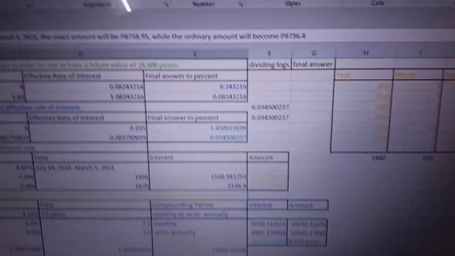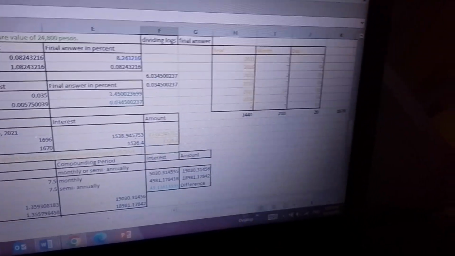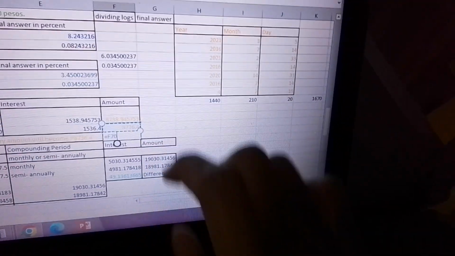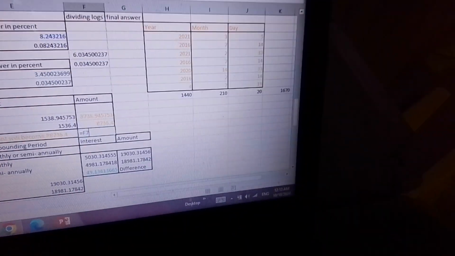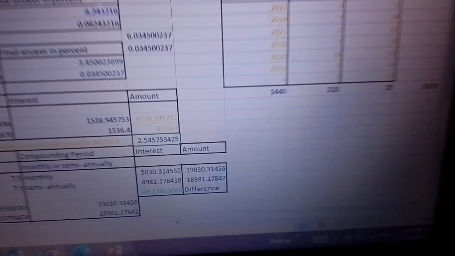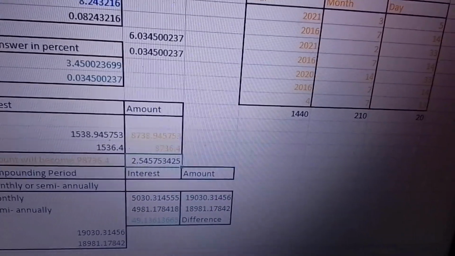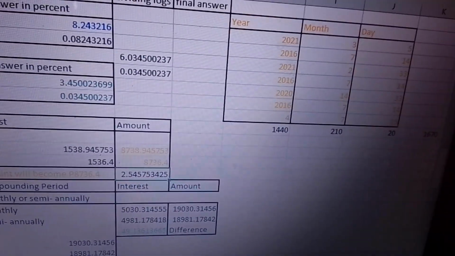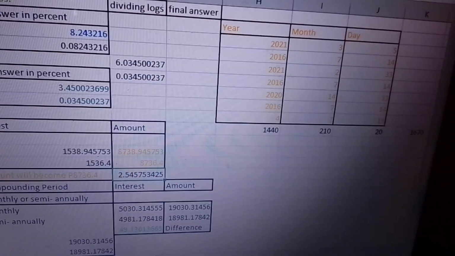Now, let's say they're asking for the difference of amount, this is what you're going to do. You're going to subtract the small from the big. If they ask you for the difference, then that should be your difference. The difference of amount is 2.5 pesos. That's all.